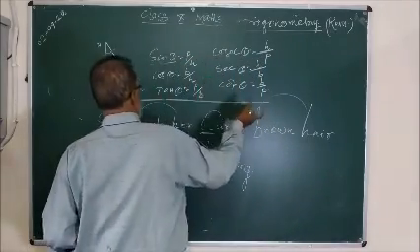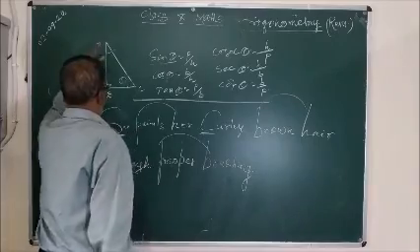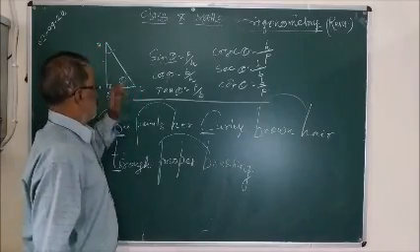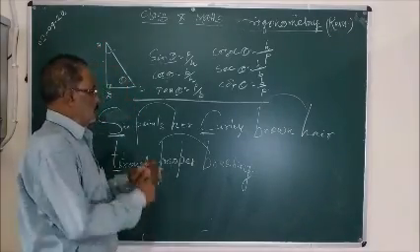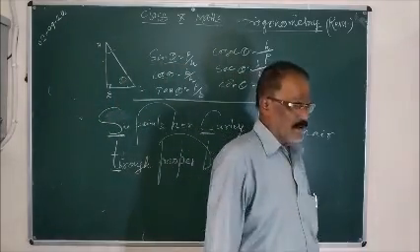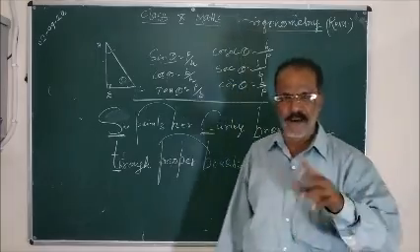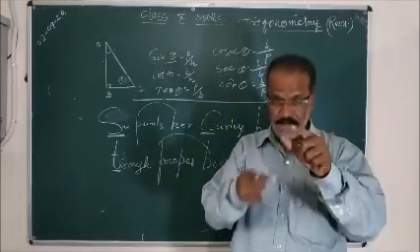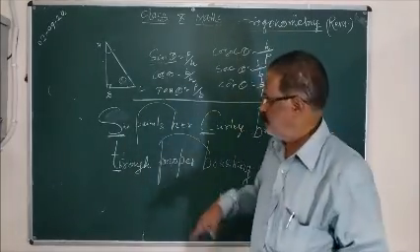Now come here. Let ABC be a right angle triangle. And the Pythagoras theorem, as I have told you in geometry, is very important. In a right angle triangle, the square of the hypotenuse is equal to the sum of the squares of the other two sides.